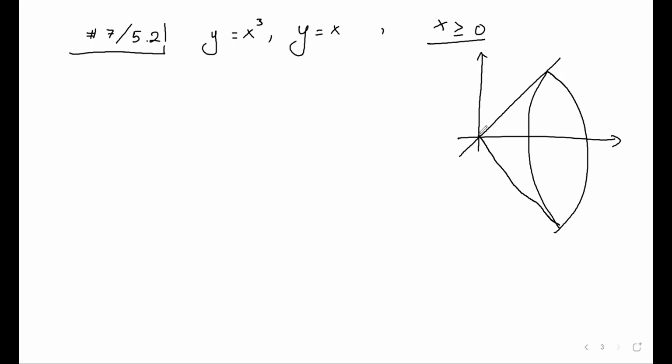So when you rotate the line, but then you also rotate the curve, this one, you also get a solid. This solid is in the shape of a trumpet, if you want.